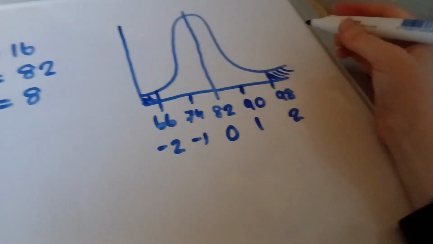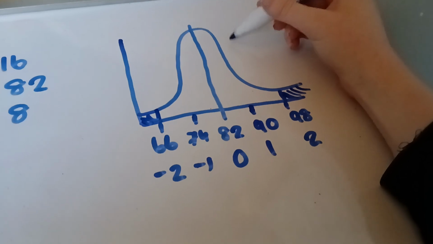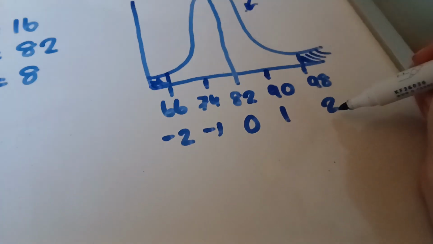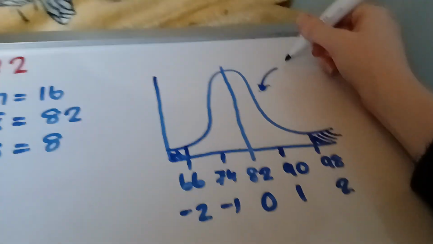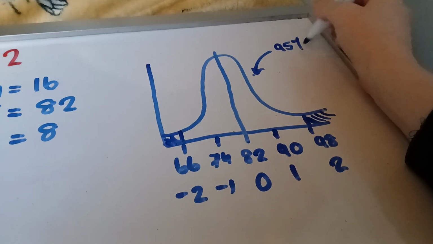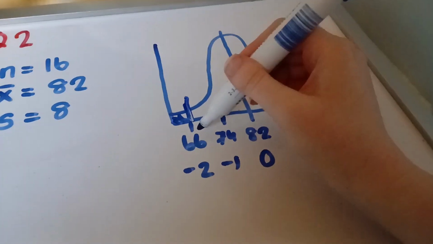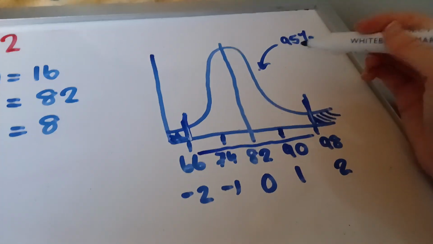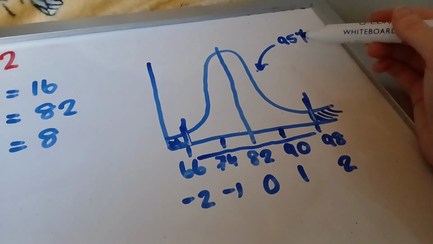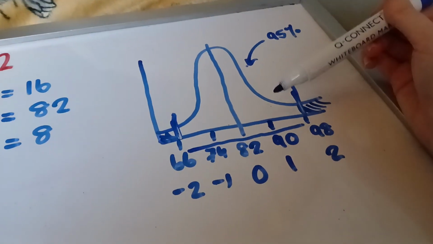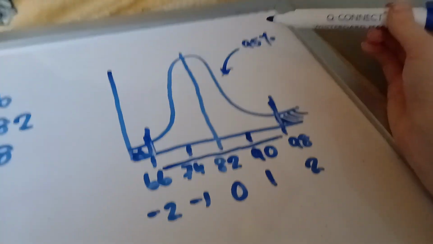Another thing to keep in mind about percentages of the normal distribution is that -2 standard deviations to +2 standard deviations, all that is 95%. So from here to here, all inside this range, that is 95%. The probability of getting a score within -2 and +2 standard deviations of the mean is 95%.